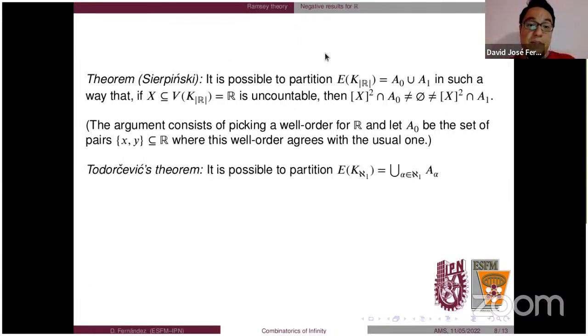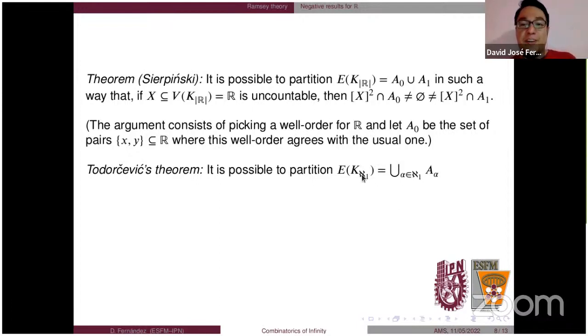An example of this is this theorem of Todorcevic, who now looks at a set of cardinality Aleph 1. This is the first uncountable cardinal. It's just defined as the least cardinality that is strictly bigger than Aleph 0, than the cardinality of the natural numbers.